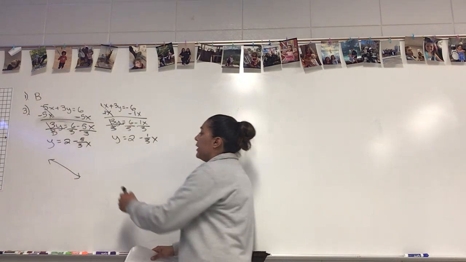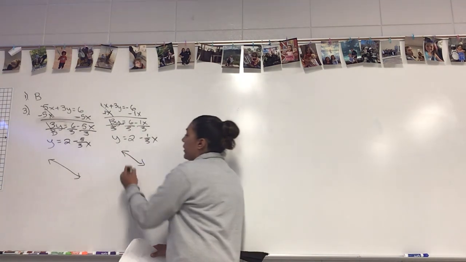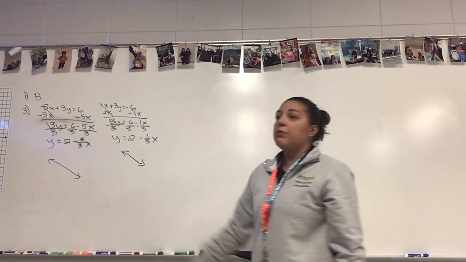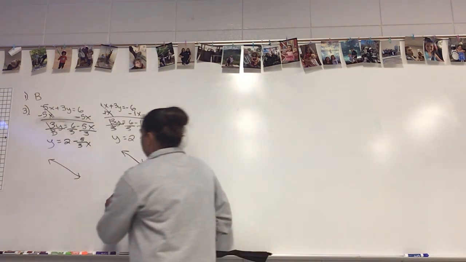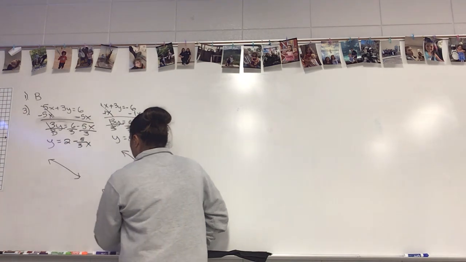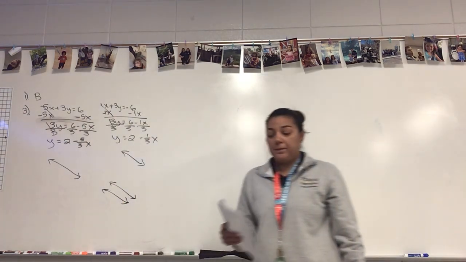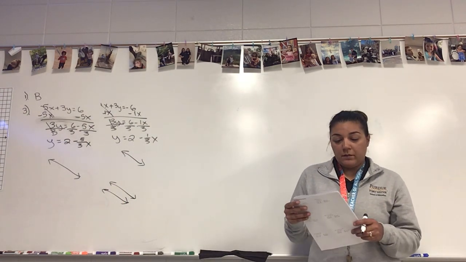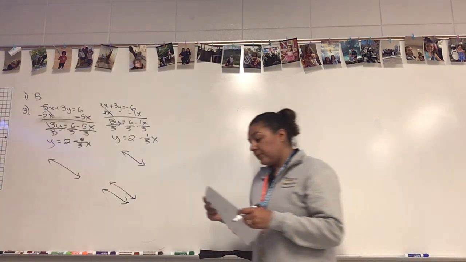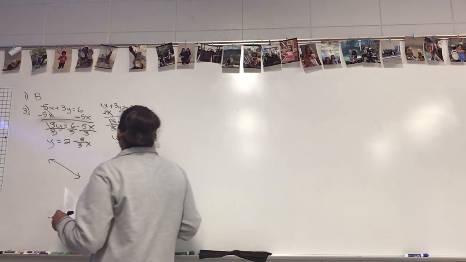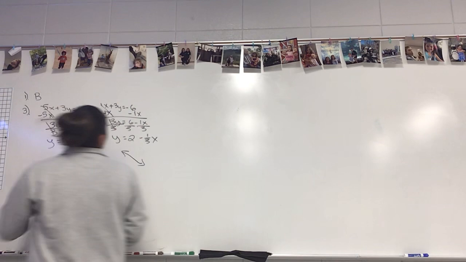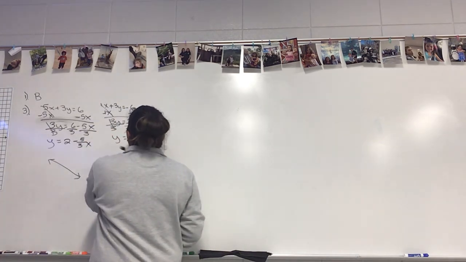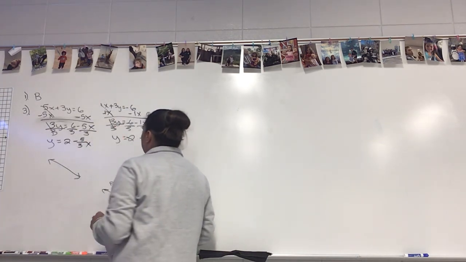Okay, this one, same thing. Your line should start at 2 and it should be going 1/3. I can tell you right now that these lines should look like this. What is that? I think... I don't know. No, check. Oh, I forgot a negative. So this should be a -2.